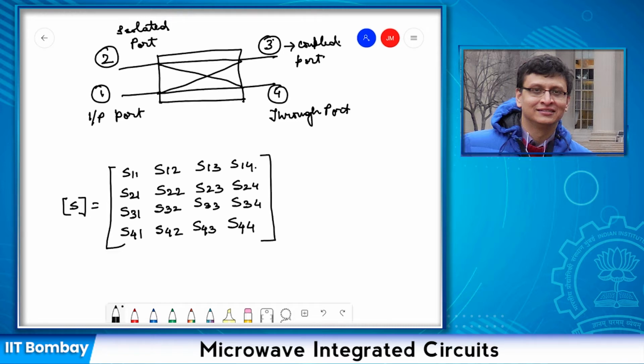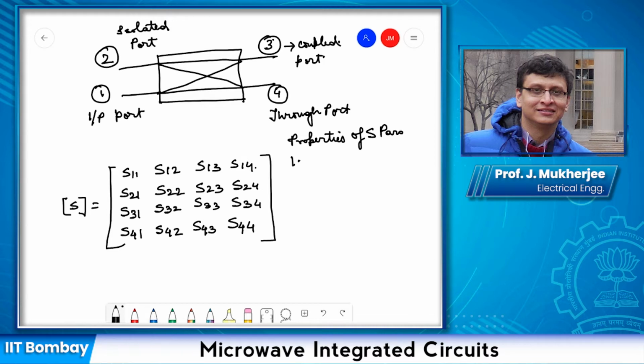First of all, the properties of the S parameters. First is that ports 1 and 2 and ports 3 and 4 are isolated.